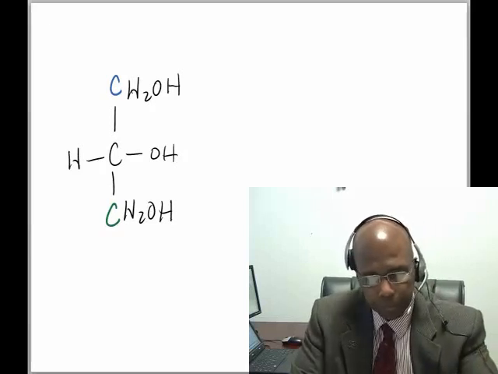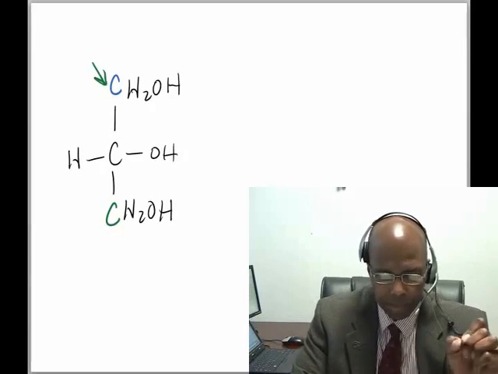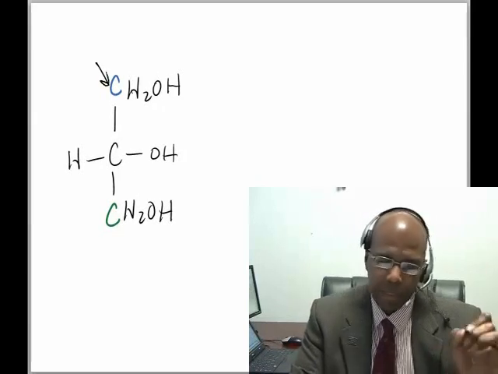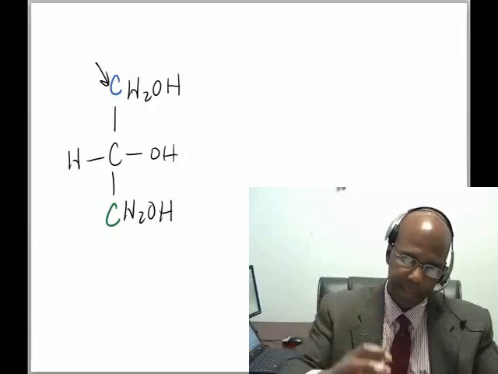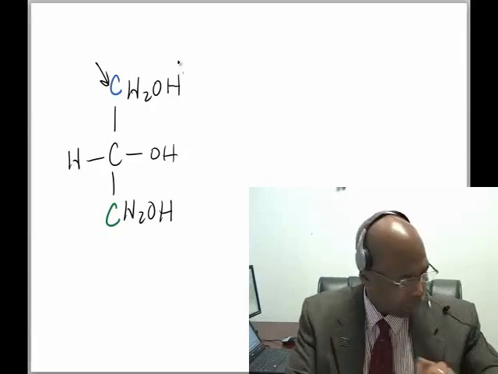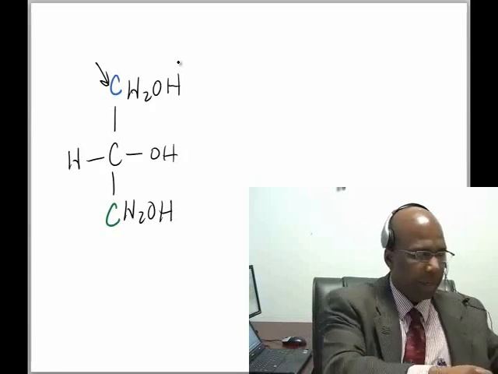So, which position is this? Okay, the blue carbon. Actually, what I'm going to do, I think I'm going to put that OH on the other side.